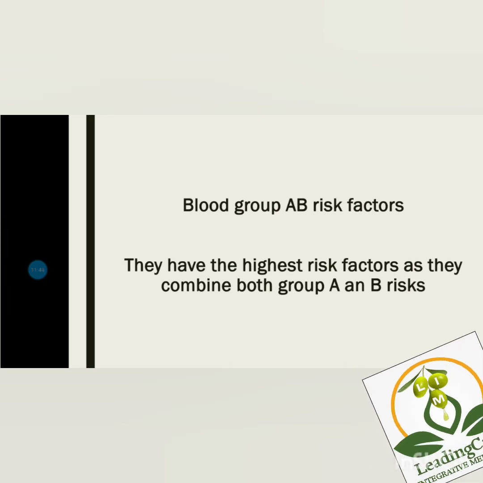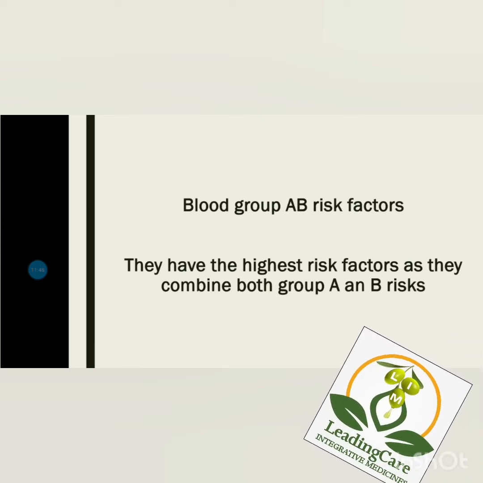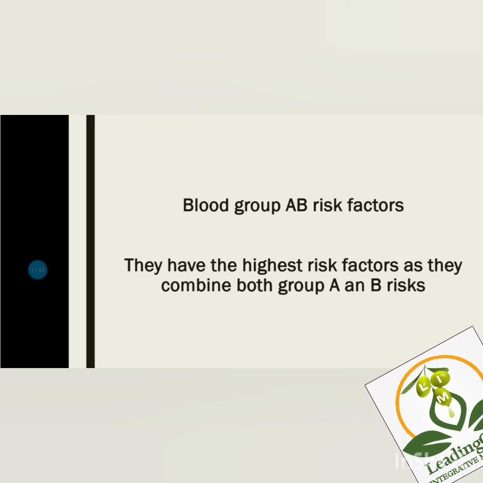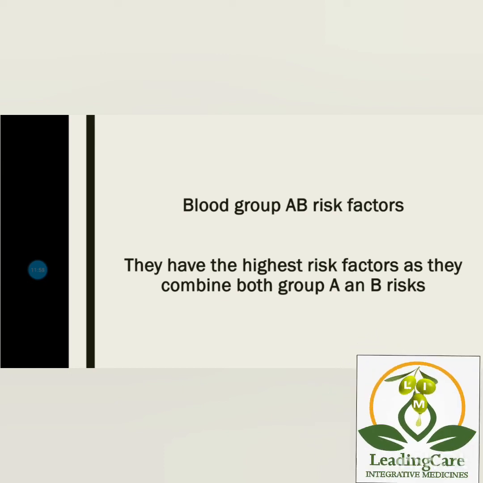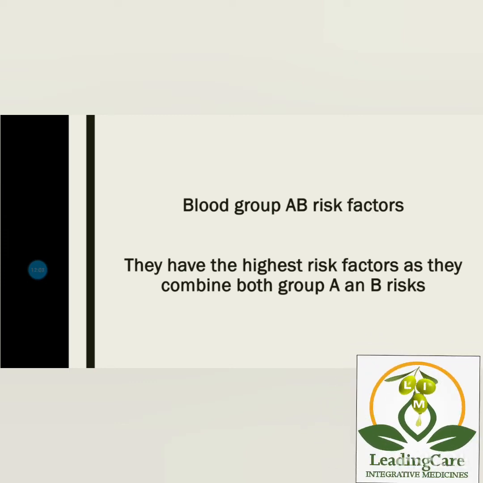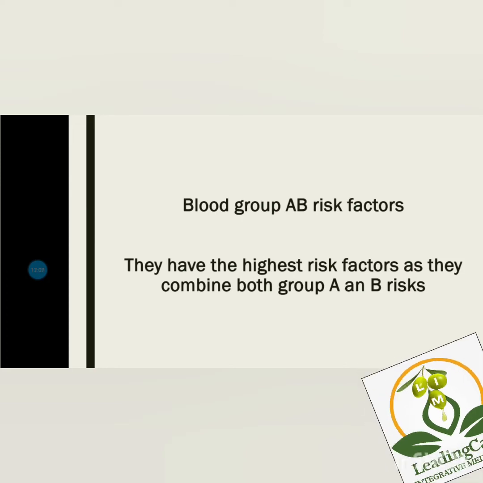All that you can find in blood group B, you also get in blood group AB. So they are the blood group that has the largest risk factors of having BP, and not only BP, all ailments, including cancer, including diabetes.